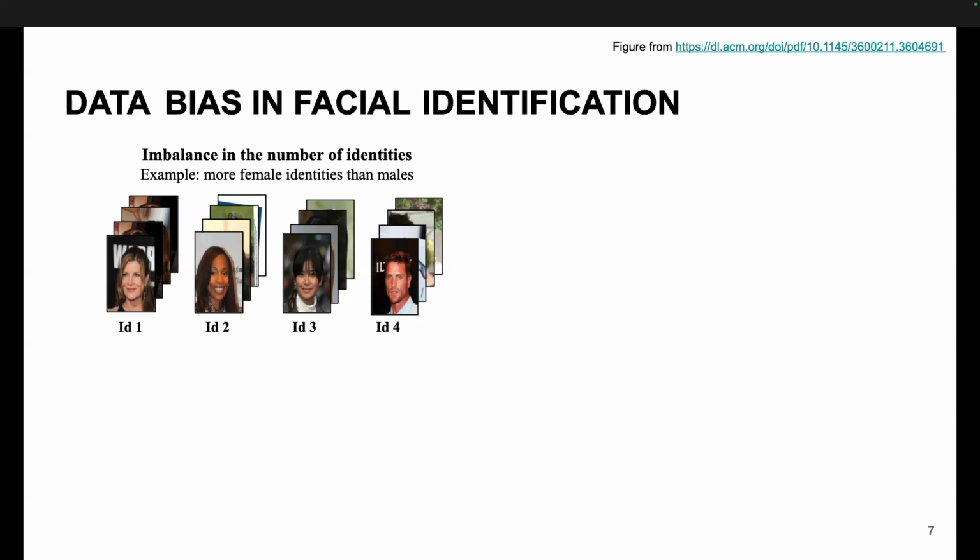Here we have 3 identities of feminine presenting individuals and 1 identity of a masculine presenting individual. If I'm trying to look for a masculine presenting individual, it would be easier because there's only 1 of them. That's one form of data bias in facial identification that doesn't exist in other domains.